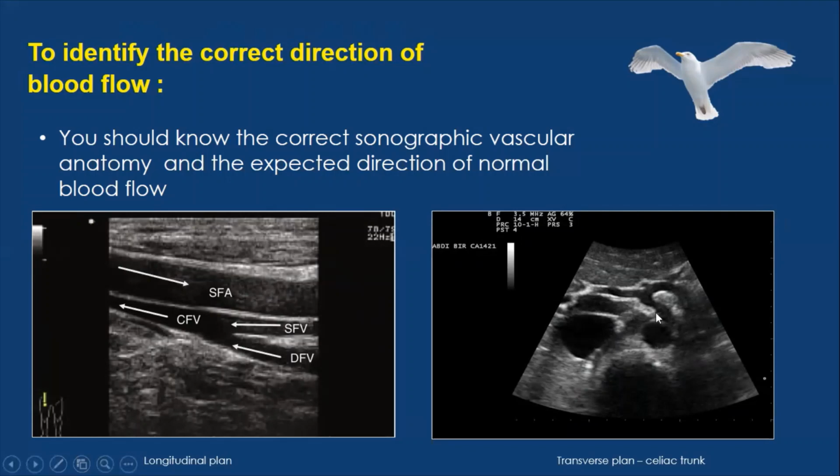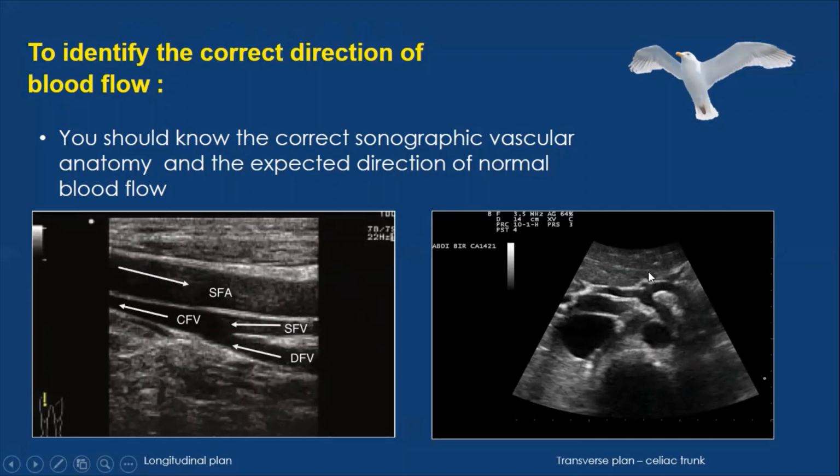We have to know the direction of flow in the Siegel sign, which is formed of the celiac trunk with the common hepatic artery and the splenic artery. So we have the celiac trunk, the common hepatic artery, and the splenic artery.